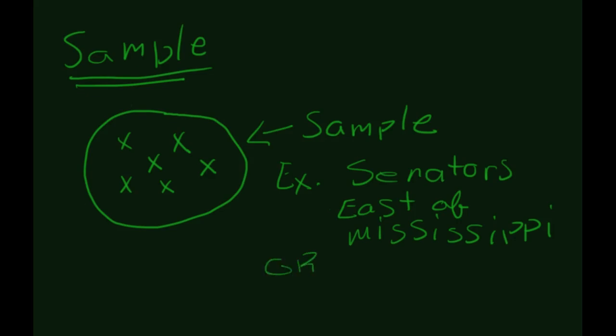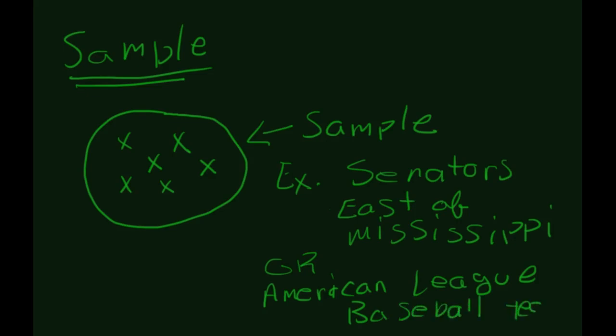Or another example would be the American League baseball teams. Ultimately, the entirety of Major League Baseball is broken into two leagues. There is the American League, which is what the Orioles and the Indians are in.